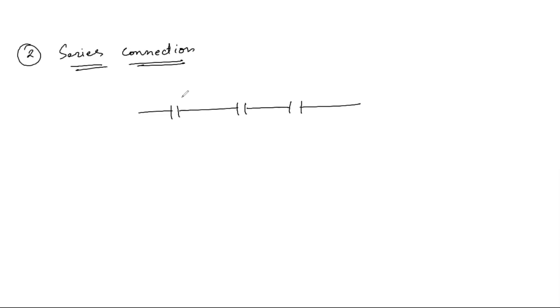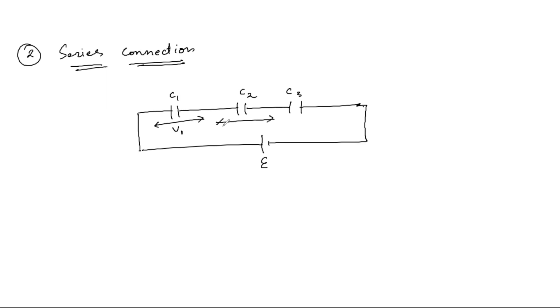Let's say that you assume three capacitors, C1, C2, C3, and all of them are connected to this battery, which is providing an EMF E. Now, since these capacitors are connected in series, all the capacitors will have different potential drops. Let's say that V1 is the potential drop for C1, V2 is the potential drop for C2, and V3 is the potential drop for the C3 capacitor.